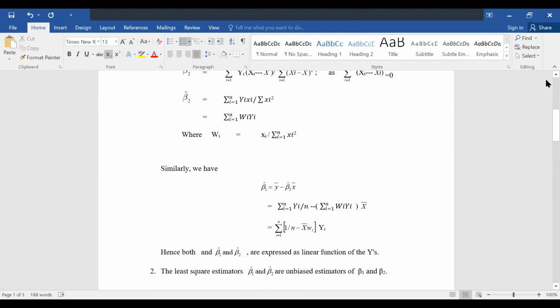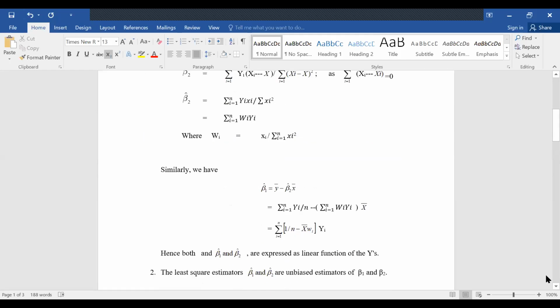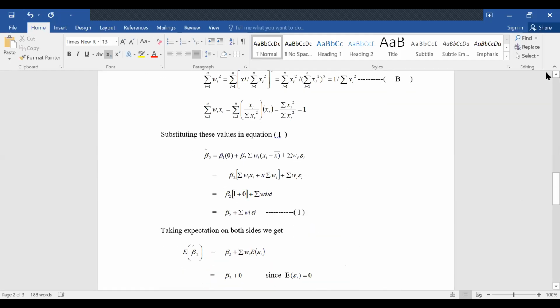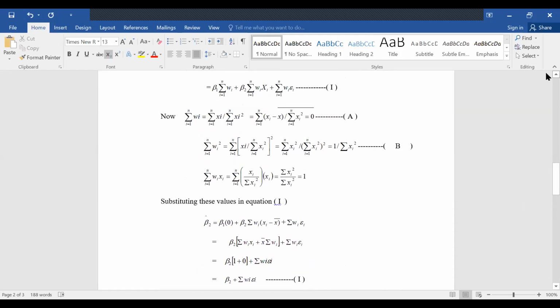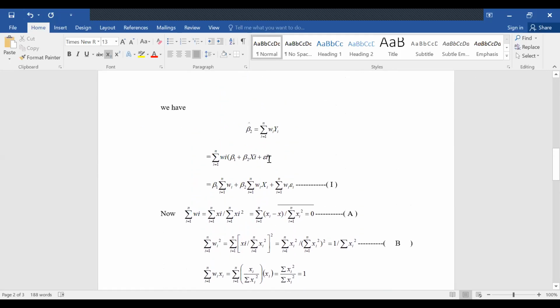The difference is only that we denoted the error term with ui, just like in the book, but here it is denoted with epsilon i. These are just notations; the meanings of epsilon and ui are the same.